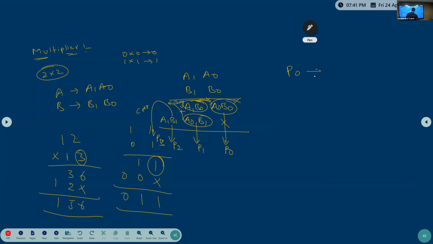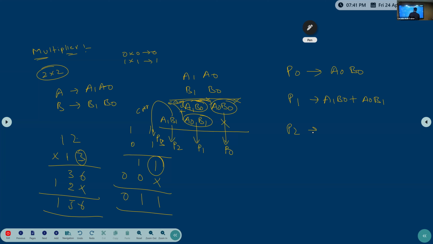P0 equals A0 B0, there is no carry, nothing, right? P1 equals A1 B0 plus A0 B1. This one will generate the carry. P1 product will generate the carry.